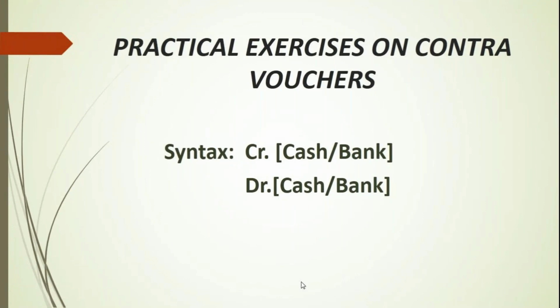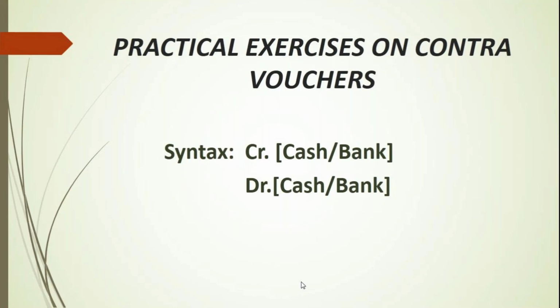Now, we have a syntax of credit and debit. Usually, how do we pass the entry? We first debit the account and then credit another account. So first is debtor, then we have this particular account. But when we talk about the contra vouchers, the first aspect that appears is the credit aspect.